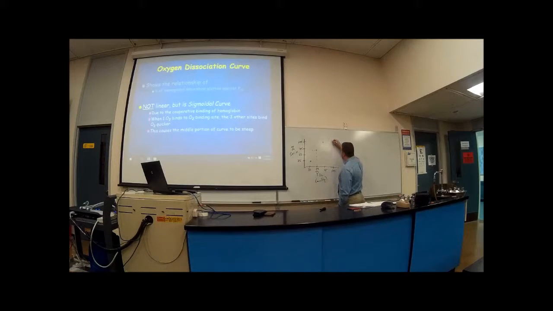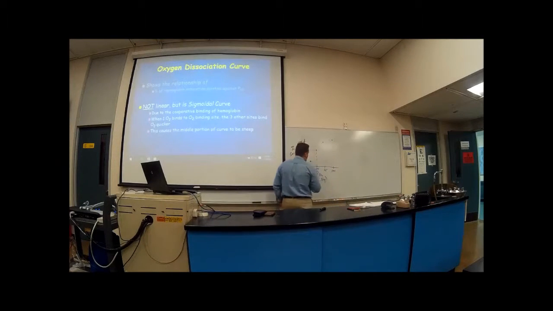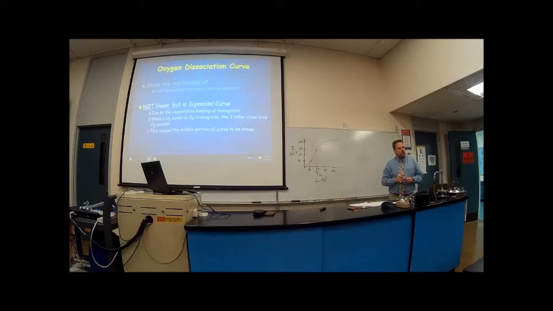And bringing it to 100, it doesn't even do that much. So what I'm trying to show you here is that it's not linear, it's more of a sigmoidal curve, where we're going to need a lot more pressure to get that first one on, but then the second and third one, it's pretty easy, and the last one, very easy. It makes it almost like an S-shape.